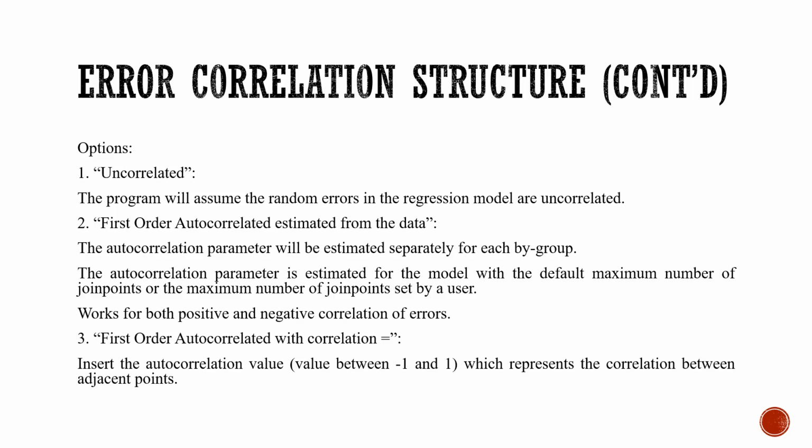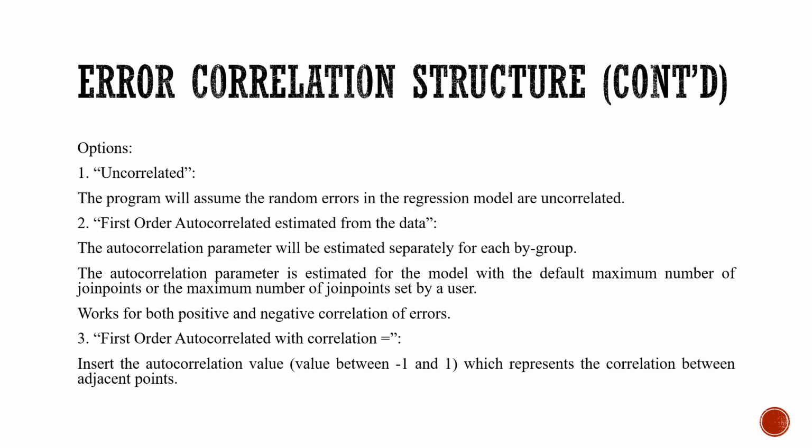The autocorrelation parameter is estimated from the model with the default maximum number of join points or the maximum number of join points set by a user, so we have to be careful on the number of maximum join points allowed. This option works for both positive and negative correlation of errors.